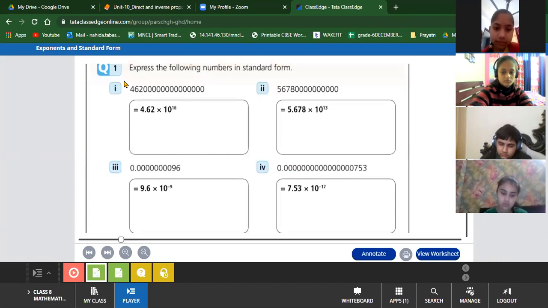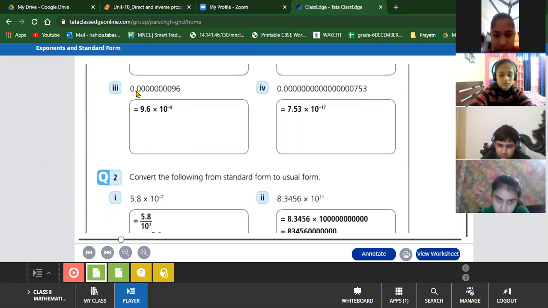So your first question, first part, 4.62 multiplied by 10 raised to the power 16, because you need to shift the decimal 16 times. Then next is 4.678 into 10 raised to the power 13, because you have to shift the decimal 13 places forward.